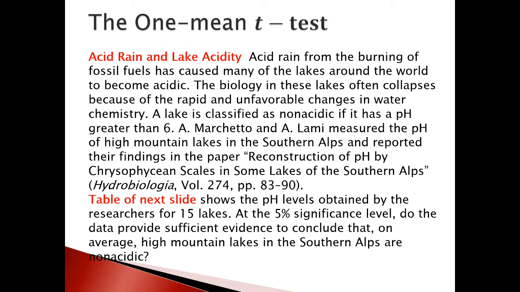Our mu naught is 6 because a lake is classified as non-acidic if it has a pH greater than 6. Here we need to determine: do the data provide sufficient evidence to conclude that on average high mountain lakes in the southern Alps are non-acidic?